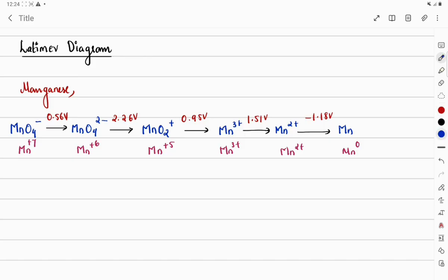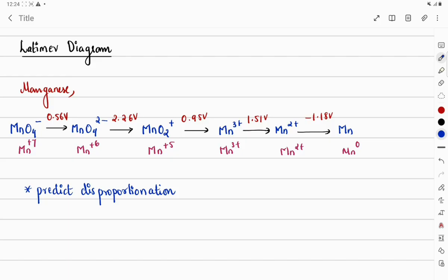And another importance for this diagram is one can actually predict disproportionation. How can you predict disproportionation? What does it mean by disproportionation? It means one species can be oxidized as well as reduced in a particular reaction. So when can manganese or any metal in general be disproportionated?